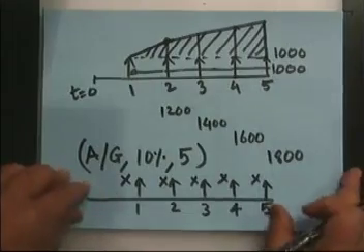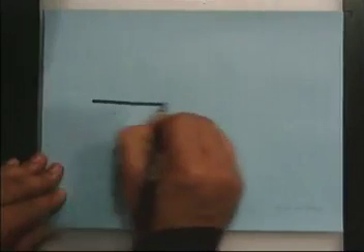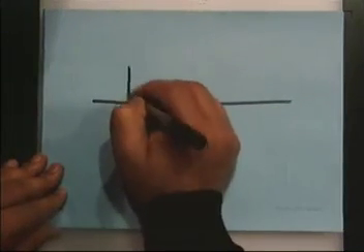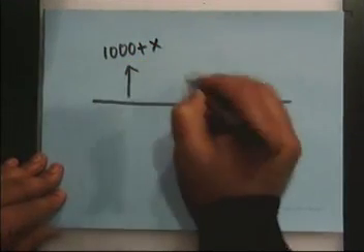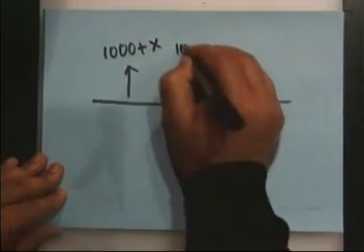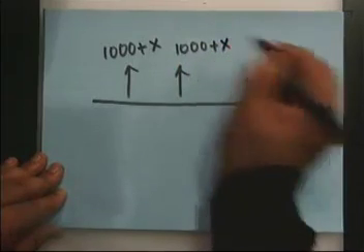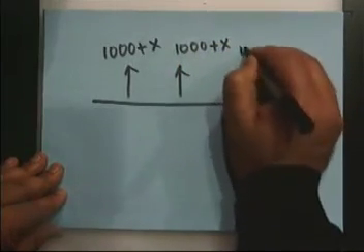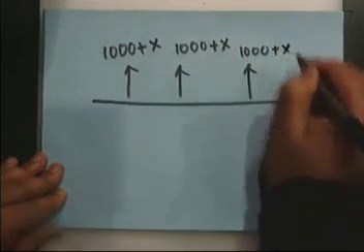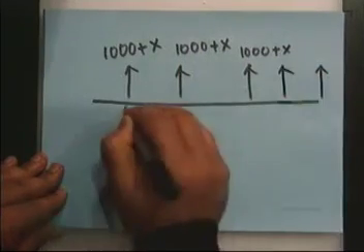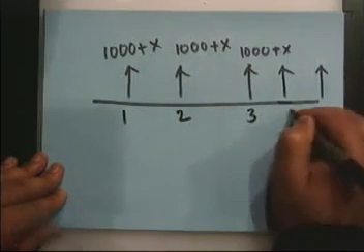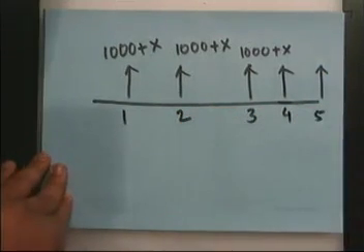So the resultant cash flow diagram would be like this. This would be 1000 plus X. This again would be 1000 plus X. 1000 plus X, so on for year 5. So 1, 2, 3, 4 and 5.